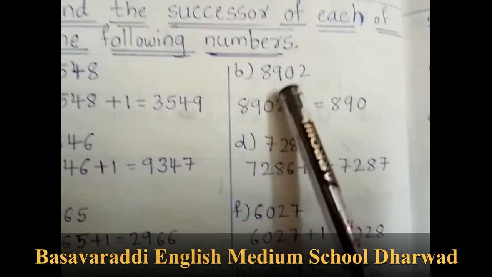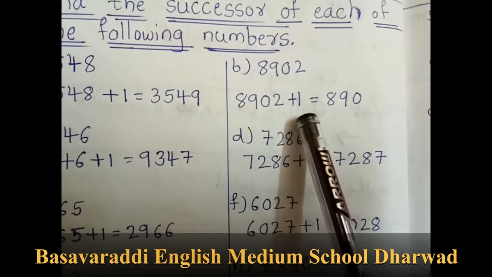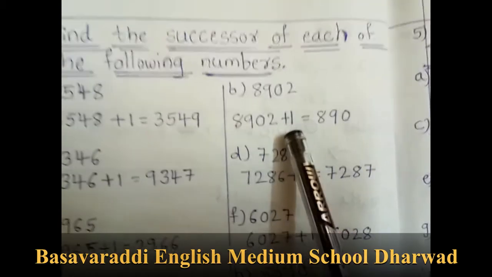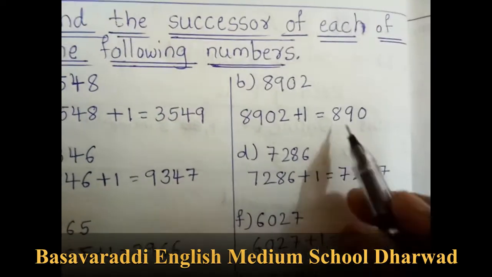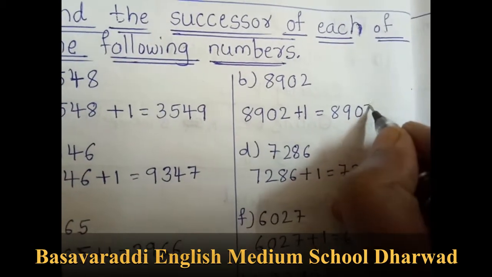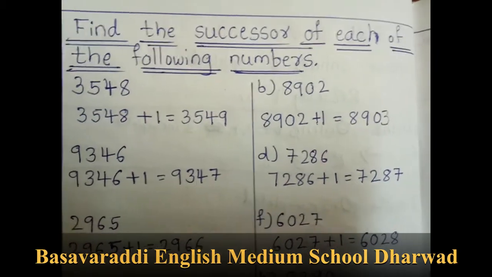B1, 8902. 8902 plus 1. Plus 1 means that is a successor. So that is 8903. 8903 is the successor.